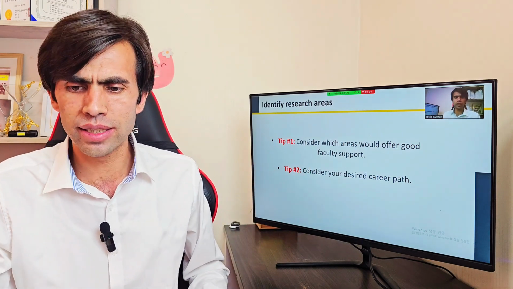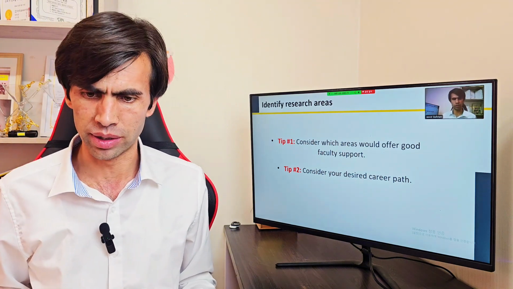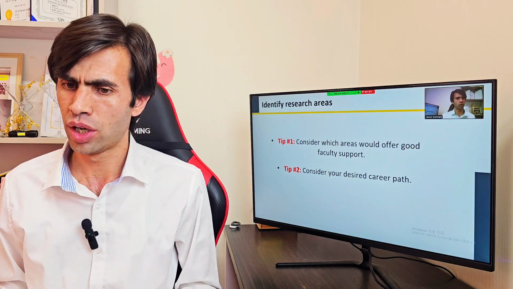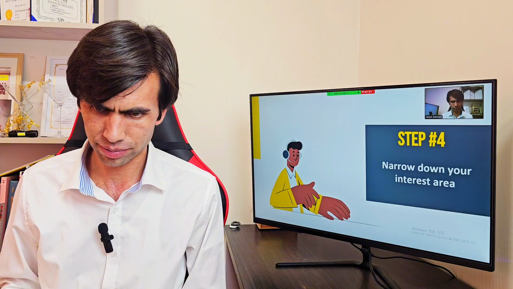If you want to work in some environmental aspects, choose some topic related to environment. Think about these 2 things. Consider which area would offer good faculty support, and consider your desired career path.